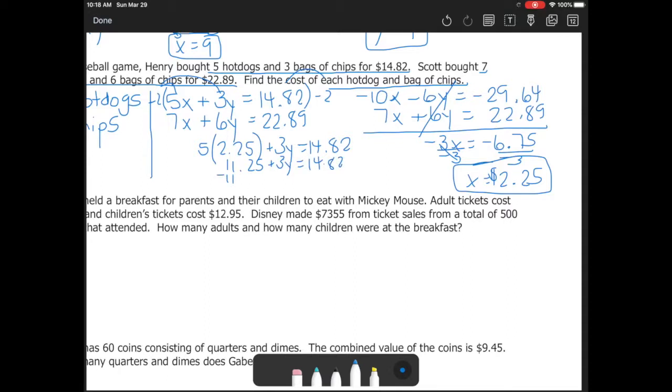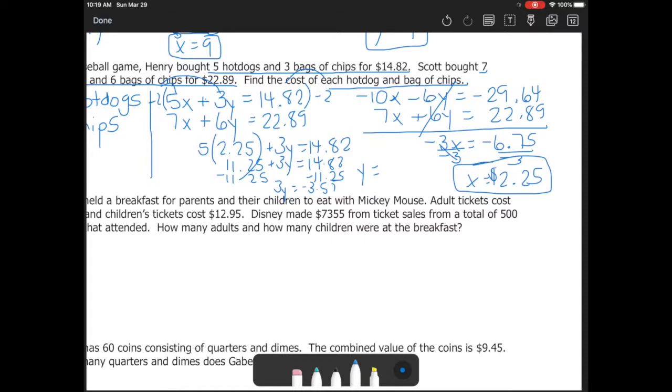Minus 11.25 on both sides. I'm going to get 3y equals, let's see, 14.82 minus 11.25 is 3.57. And if I divide by 3 on both sides, why am I getting a negative?